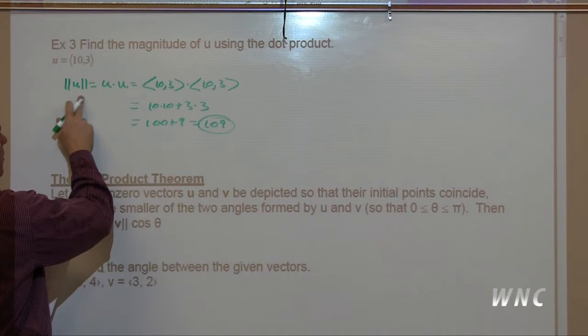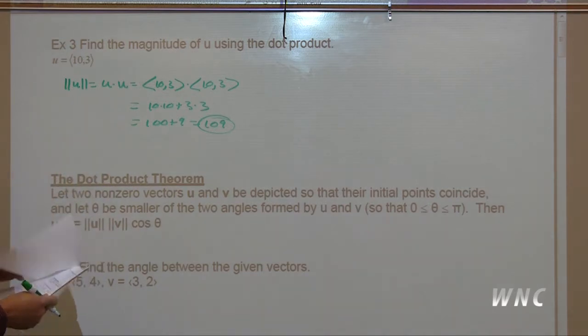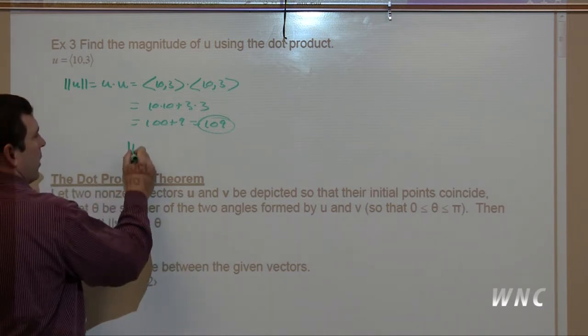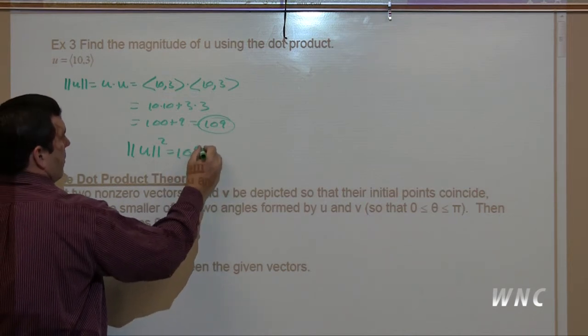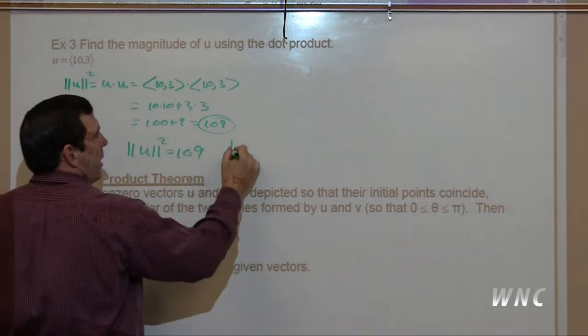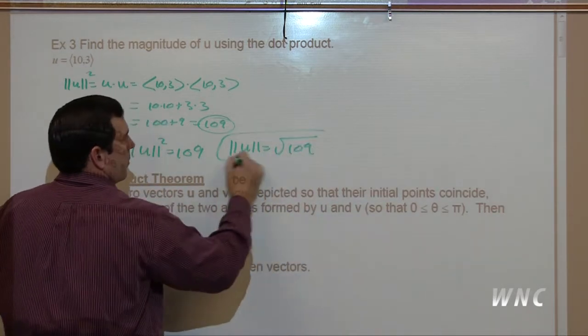And so that's the magnitude squared. So the magnitude of u would be the square root of 109. There we go.